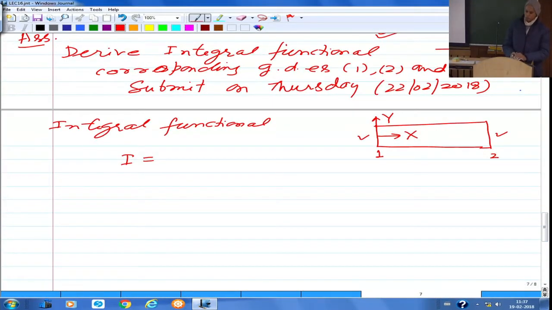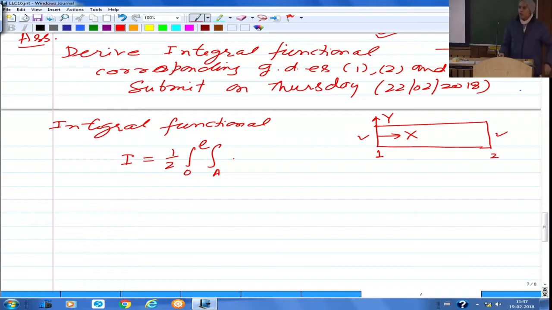First the strain energy part. The strain energy will be due to sigma xx and due to tau xy. So the strain energy due to sigma xx would be integration over volume of half of sigma xx times epsilon xx. The volume integral I can write as integration over length and integration over cross-sectional area.